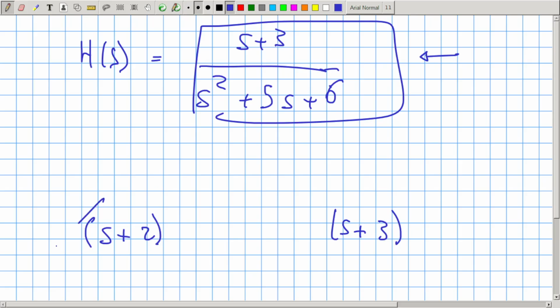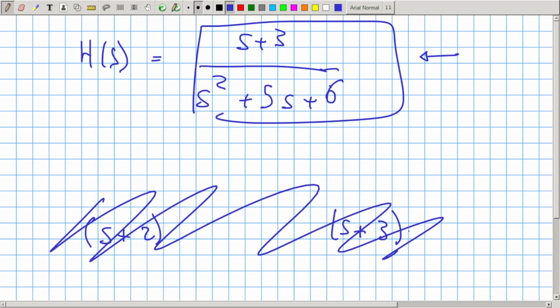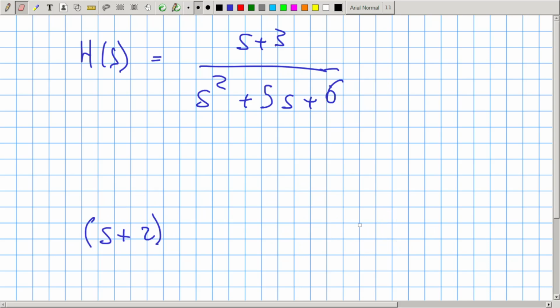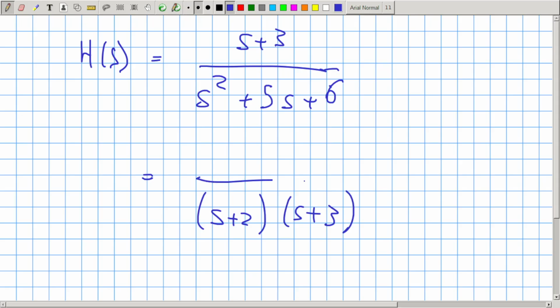Okay? Together? Ignore those ones for now. Are we together that we get that stuff from the ARMA? Perfect. Then at this point, I know that I can write this one in this way. This is going to be equal to s plus 2, s plus 3 divided, no, let's plus 4.